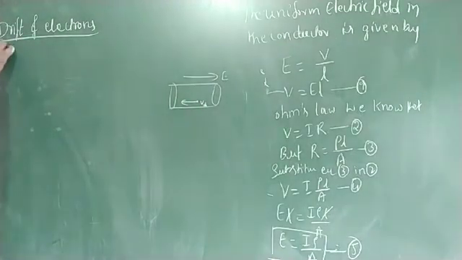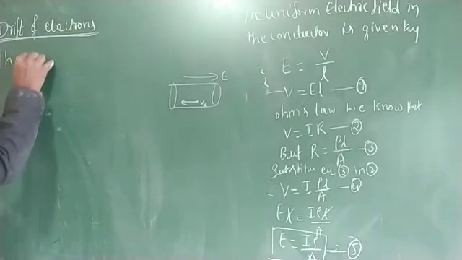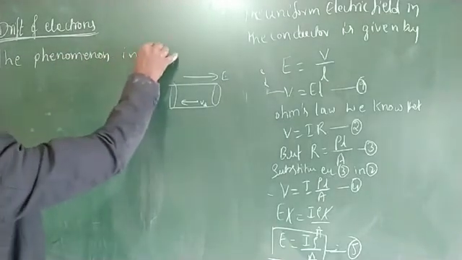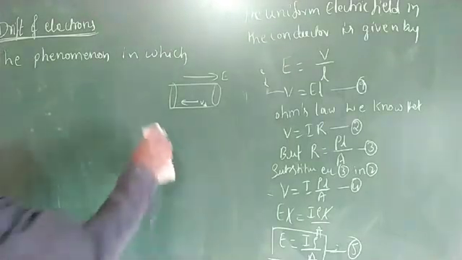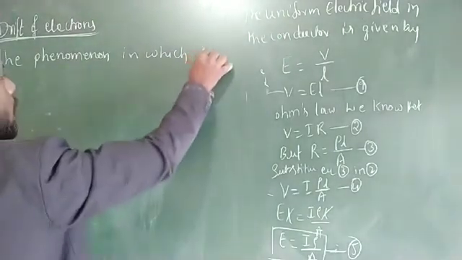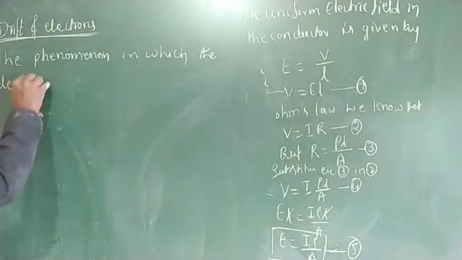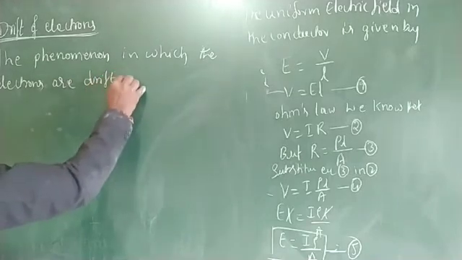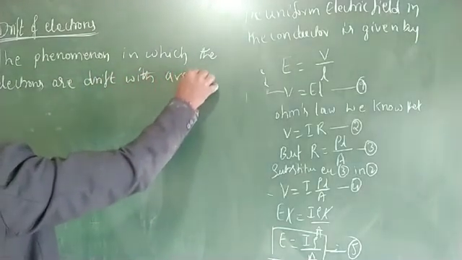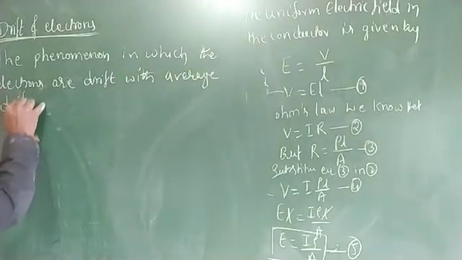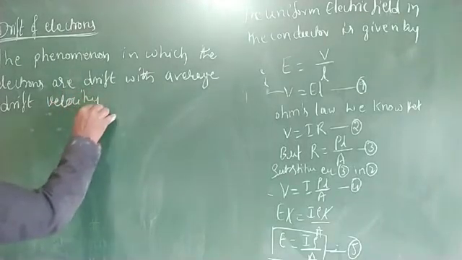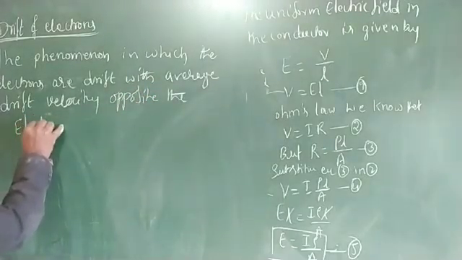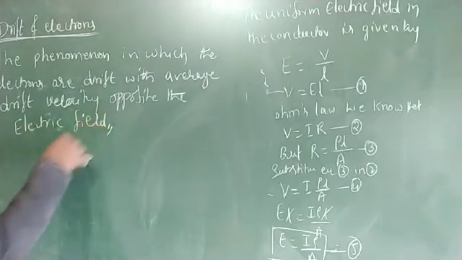Drift of electrons is nothing but the phenomena in which the electrons drift with average drift velocity opposite to the electric field.